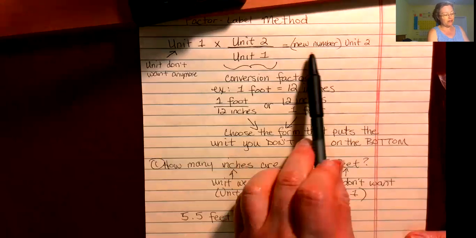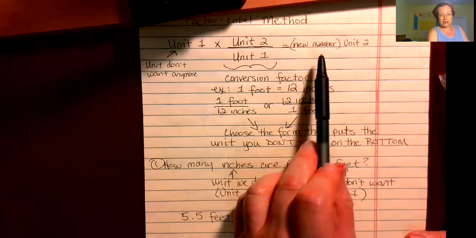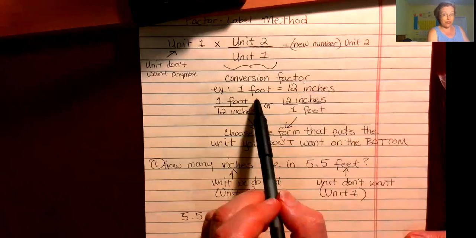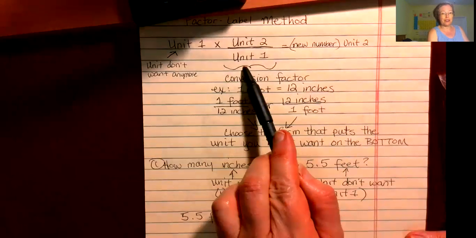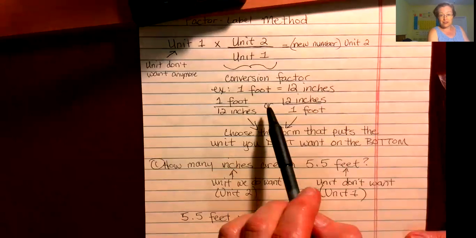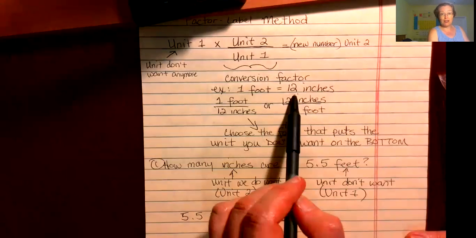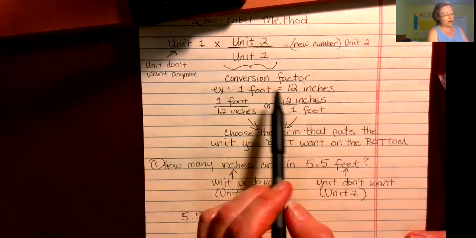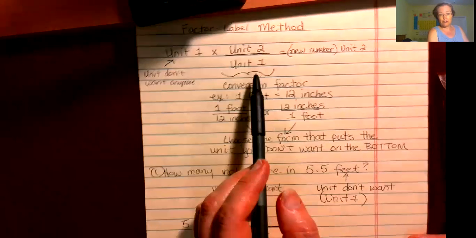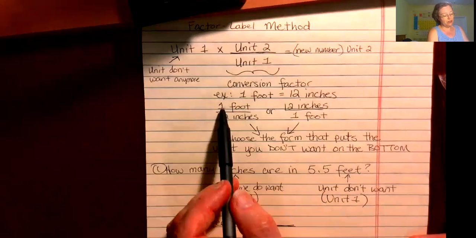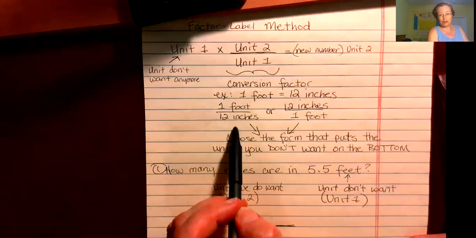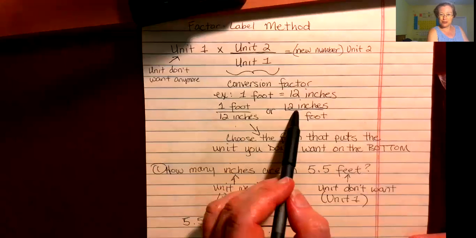And I have to make sure that these two, the units and the numbers with them, are equal to each other. So I know that 1 foot is the same as 12 inches. There are 2 ways of writing it when you're using the factor label method. You can write it as 1 foot over 12 inches, or you can write it as 12 inches over 1 foot. How do you know which one to use?